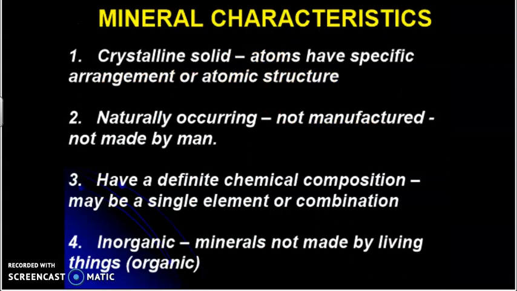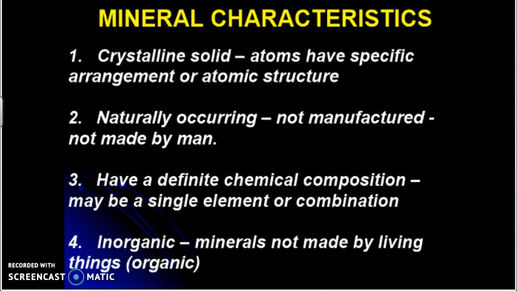There are four main mineral characteristics or criteria to be considered a mineral. The first one is it's a crystalline solid. That means that the atoms keep their form at room temperature, and those atoms are arranged in a crystal structure.